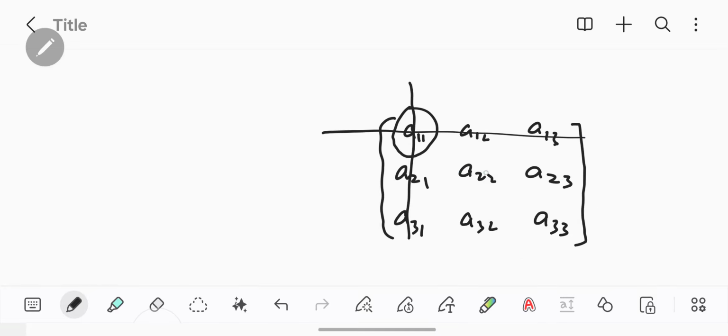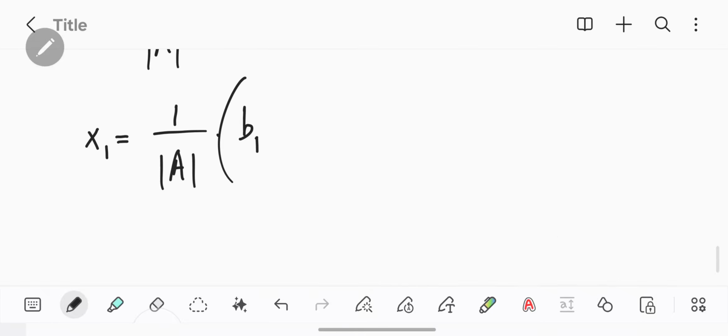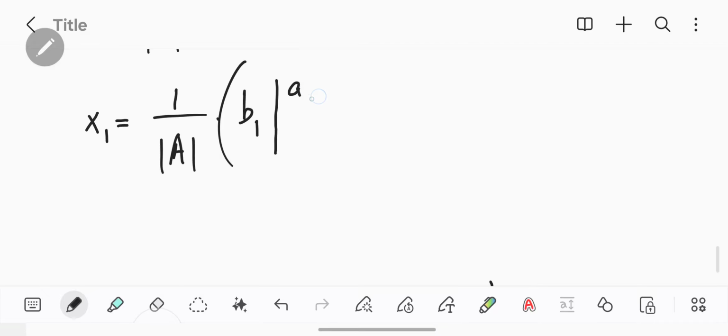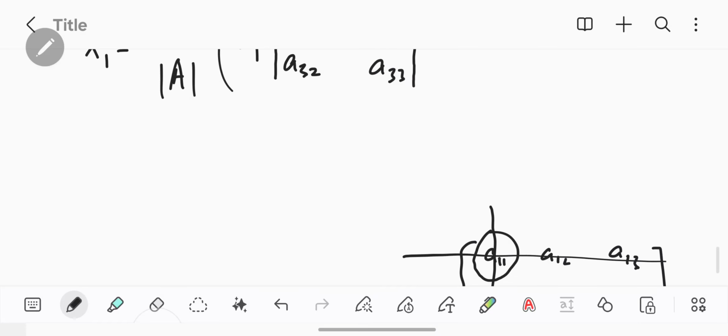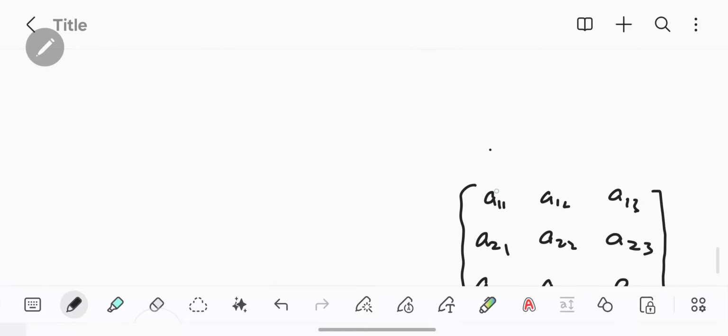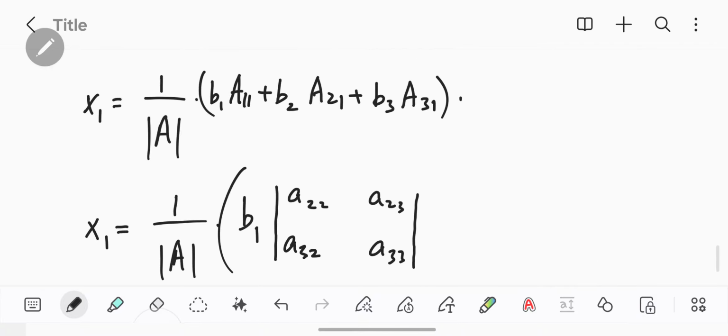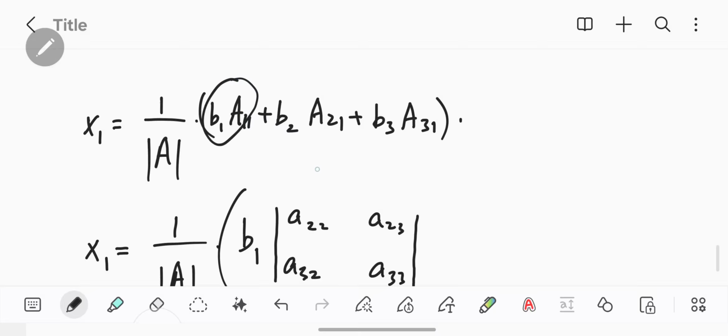I will get the determinant of A22, A23, A32, A33. But don't forget about negative 1 to the power 1 plus 1, which is plus 1, so I didn't write minus here. Okay, B1 as it is, A11 I have written down.